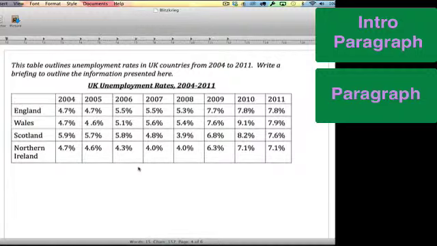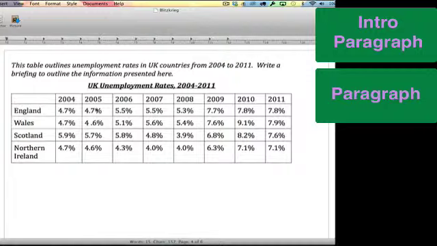We could group certain parts of the data together. So, for example, England's 2004 and 2005 figures and 2006 and 2007 figures, you see it plateaus and then it grows and plateaus again. So we could do what we can to group these together so that we're not having to share, okay, in 2004 the value was 4.7, in 2005 it was 4.7.